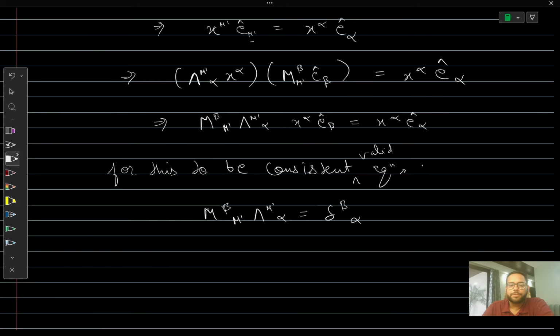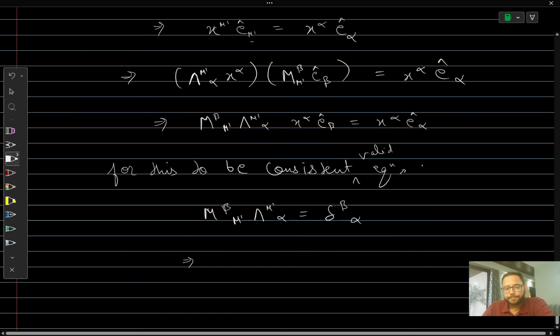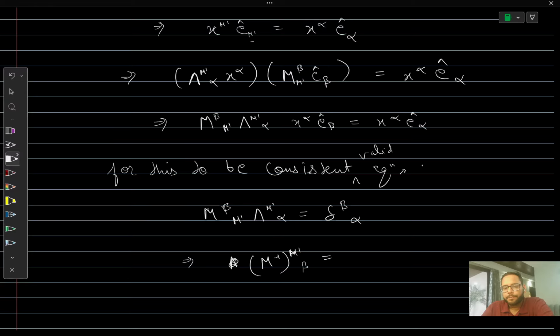This should be the inverse of it. This means the inverse mu prime, this is mu prime beta, should be equal to this.